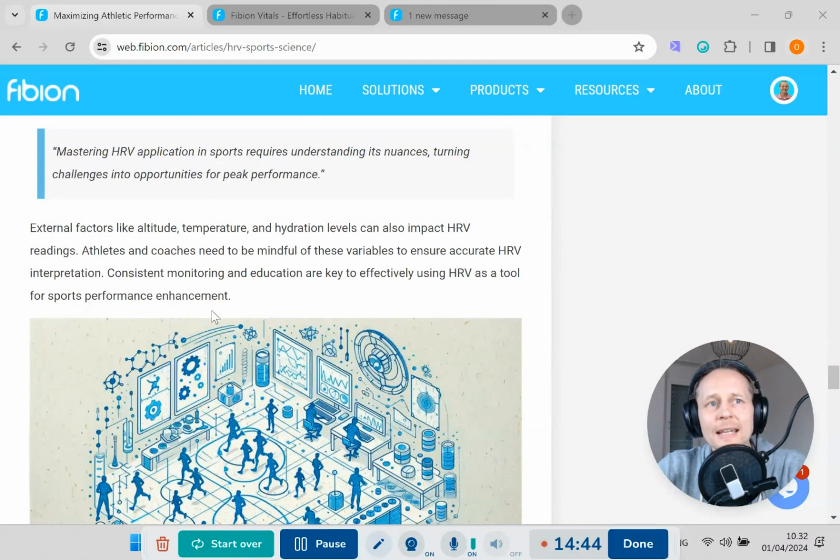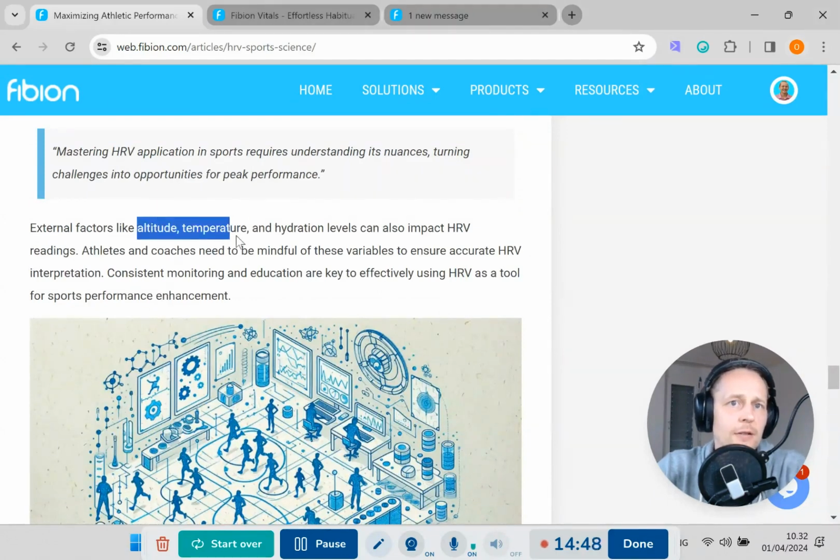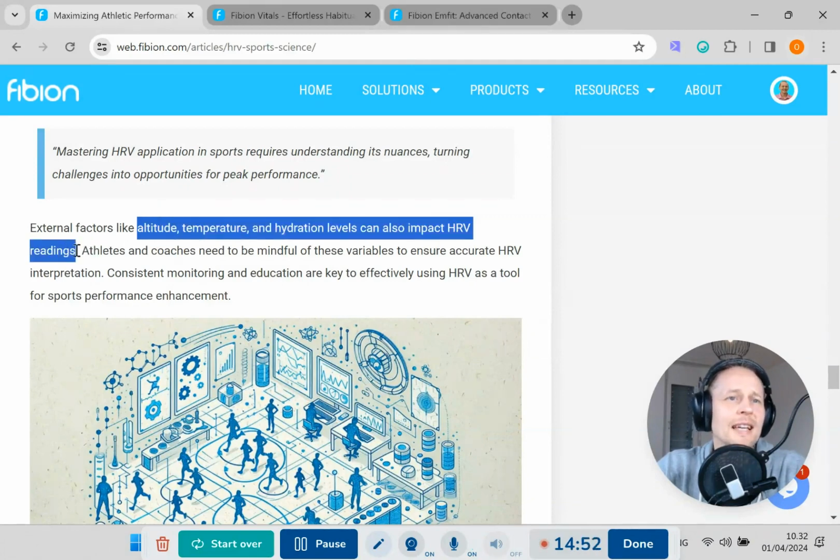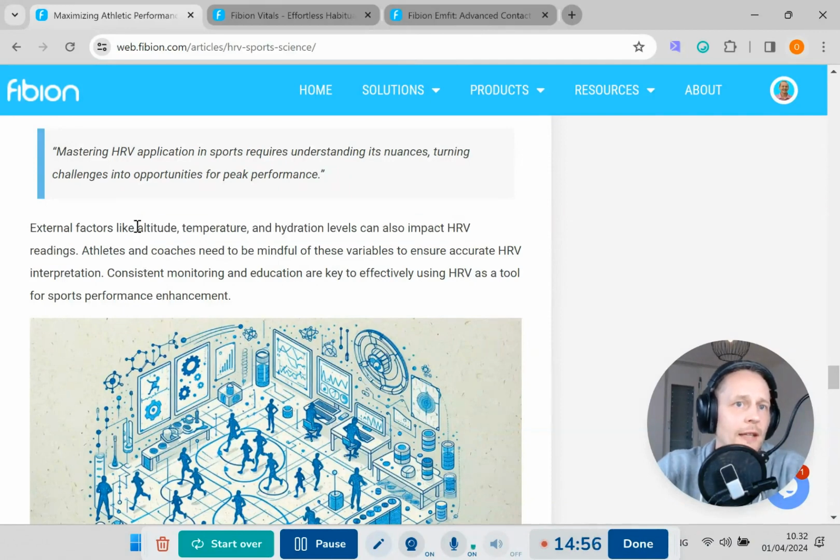But in addition to this, external factors like altitude, temperature, and hydration levels can also impact HRV readings. Although we can think that altitude is an additional stressor for the athlete. So if you go to higher altitude and the HRV numbers are not looking good, you probably need to take the training easier anyway.